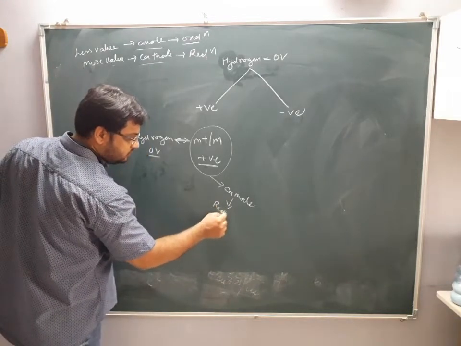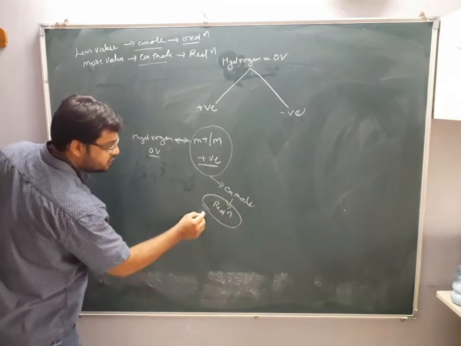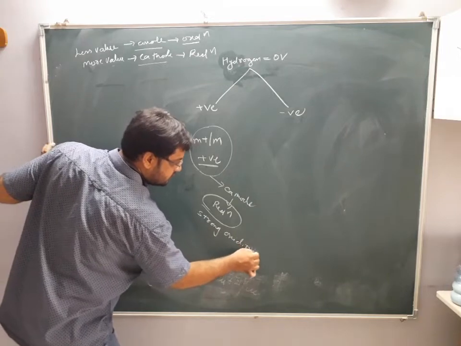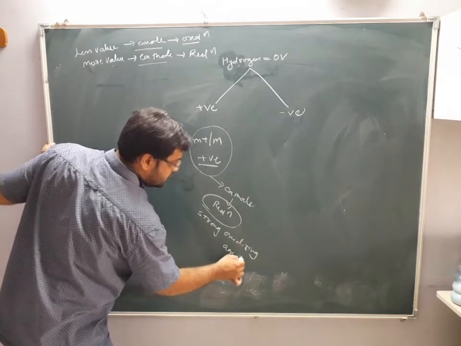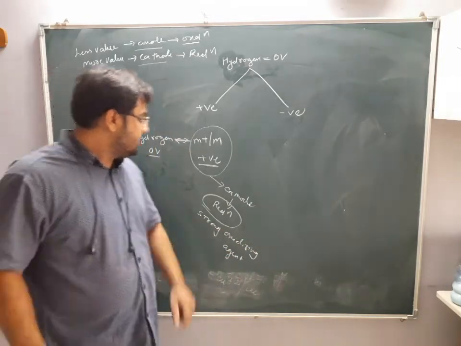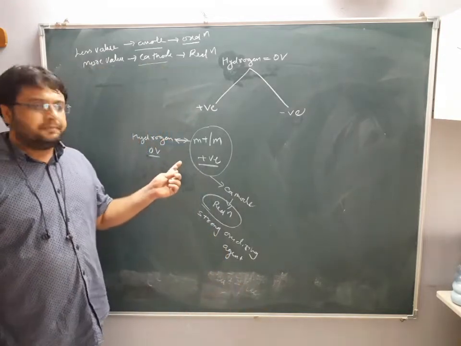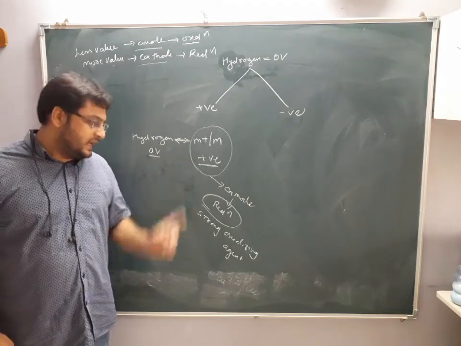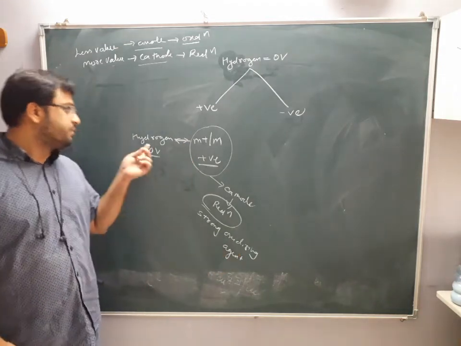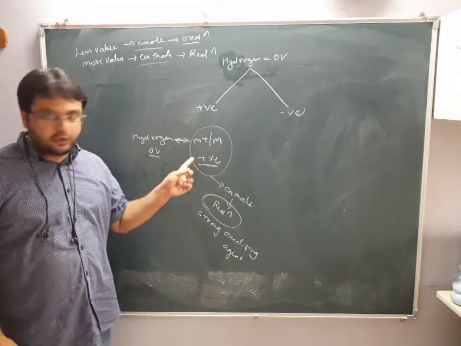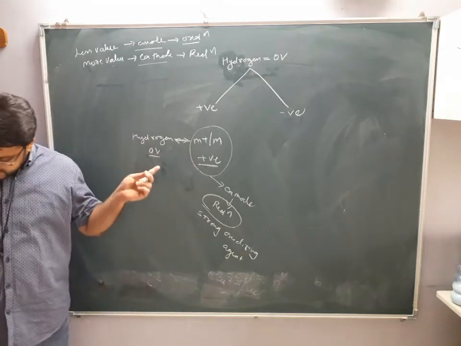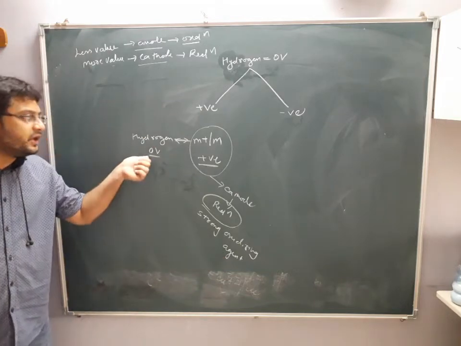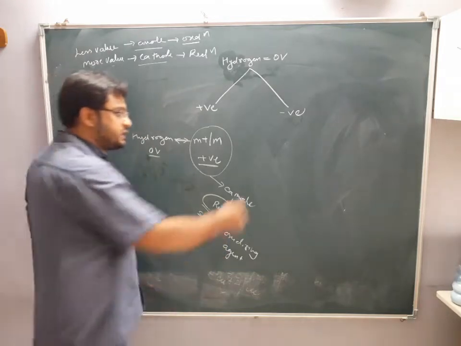Reduction means strong oxidizing agent, because the one that undergoes reduction is the oxidizing agent. So a positive value in the series indicates they are strong oxidizing agents as compared to hydrogen. Clear this part?